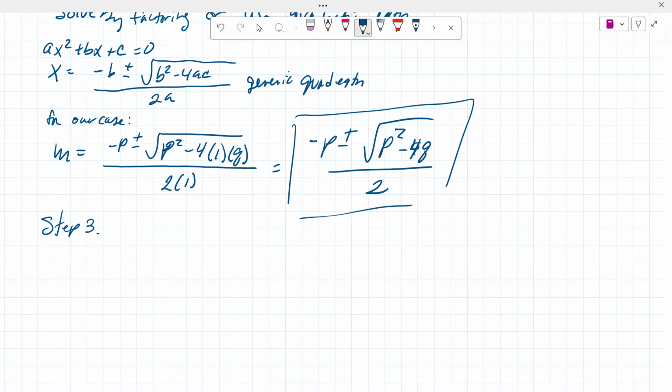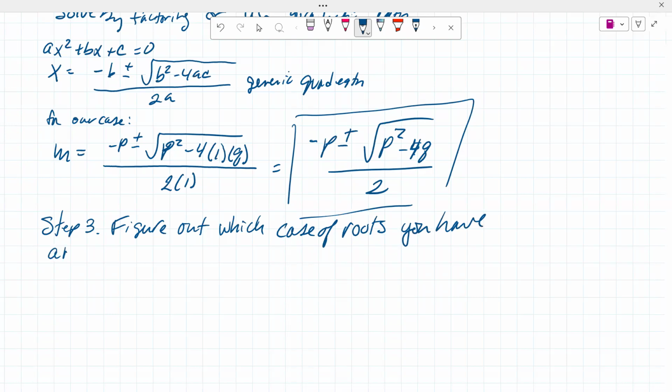Step 3: figure out which case of roots and use the appropriate solution form for that. All right, so let's take a look.